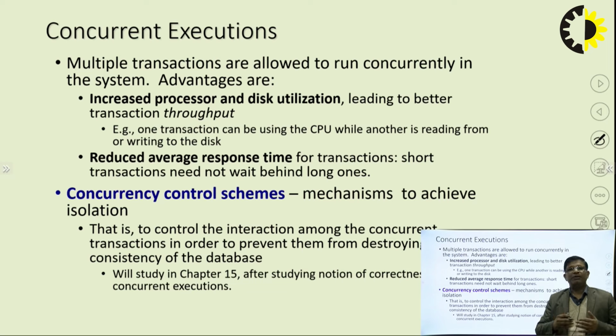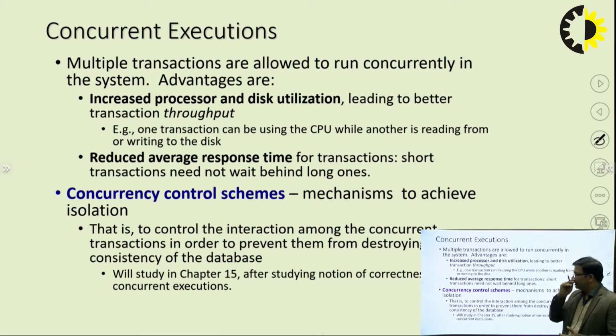If we do the transactions serially, it is time-consuming, but if we can execute multiple transactions at a time, we can save time, reduce the average response time, and utilize the processor power. So multiple transactions are allowed to run concurrently in the system.